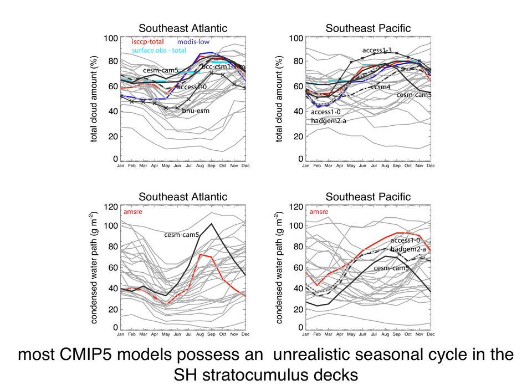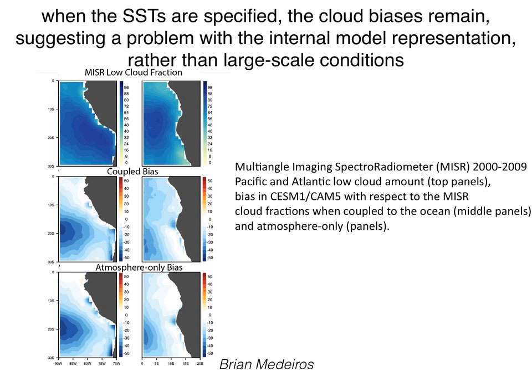And Paquita, do you want to pull up the CCSM4 and CAM5 Medeiros plot? Simon had another comment about this one. This one? Yes, I think. Yeah. He noted in the chat box that the low cloud fraction errors are on the western side of the stratocumulus cloud deck, where stratocumulus are transitioning to trade cumulus.